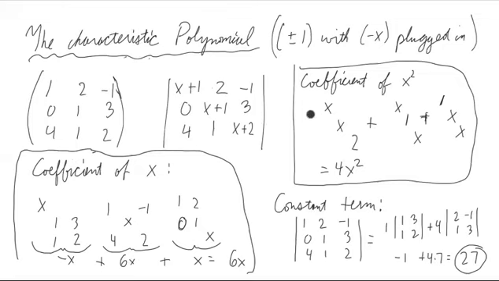Now, notice that for the coefficient of x squared, we're not mixing it up. We're just going straight down the diagonal. So we don't actually change the sign on any of these diagonal multiplications. Really what we're doing is we're just distributing within the diagonal itself.